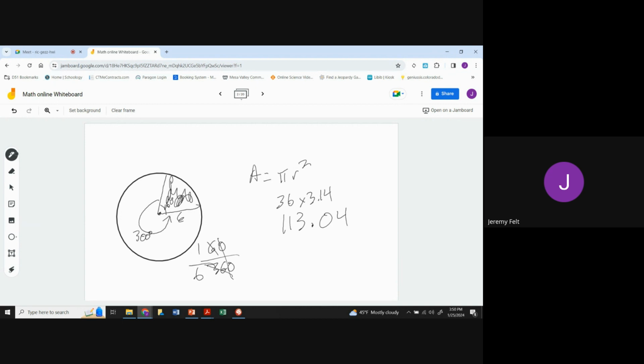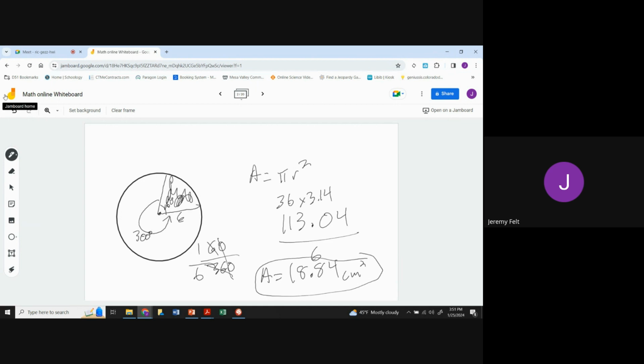So we can multiply this by 1/6 or divide by 6. That gives us 18.84. So that's the area of this sector, because the area of the entire thing we just found out, and this is 1/6 of the circle. So that's why we divided by 6. It was centimeters, so square centimeters.